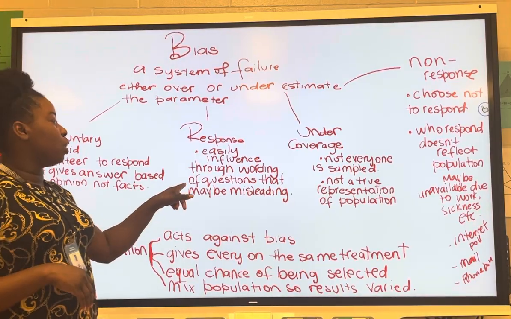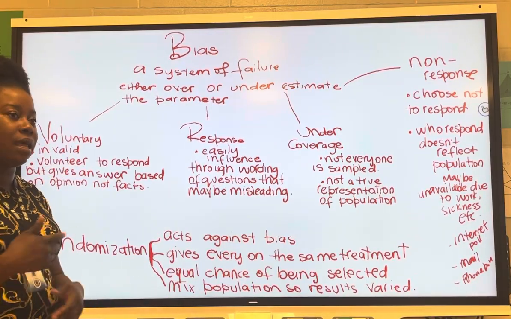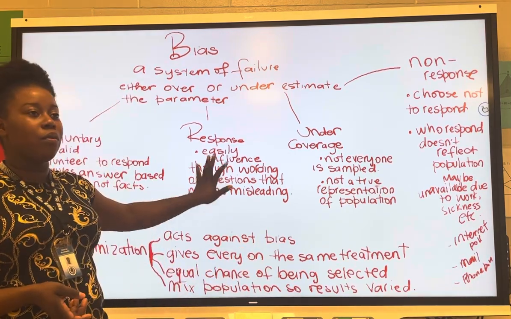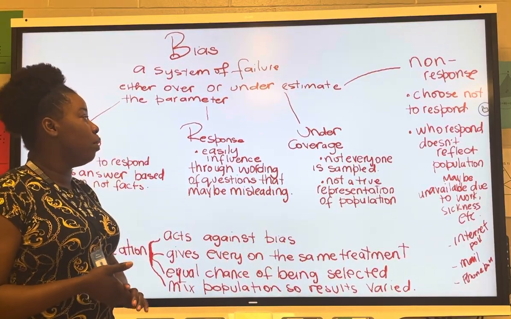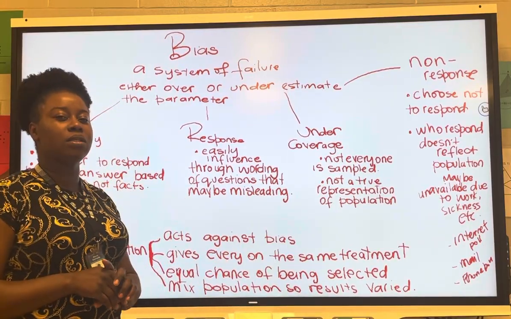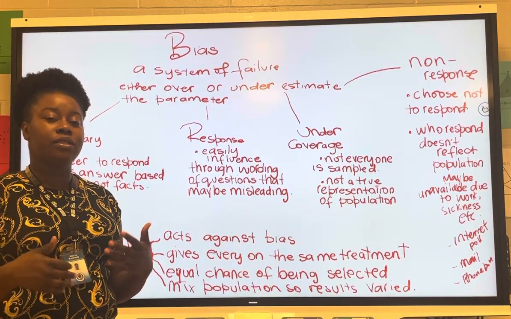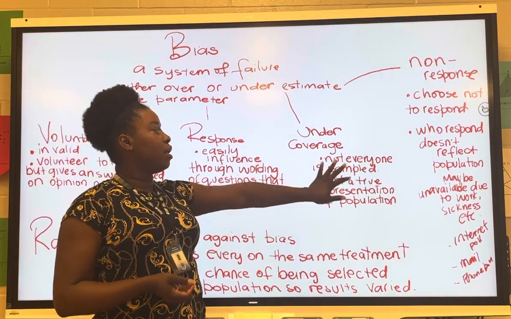Through wording, these questions may be misleading and cause the participants to answer in a particular way. So again, researcher's bias, we try to eliminate as much as we can. Most times we ask open-ended questions, so we give the respondents another chance to express themselves instead of yes, no, true, false questions.